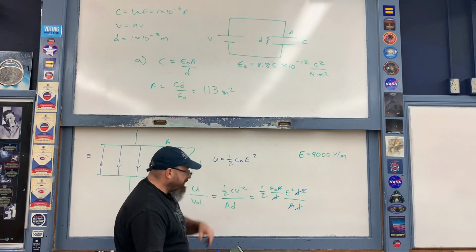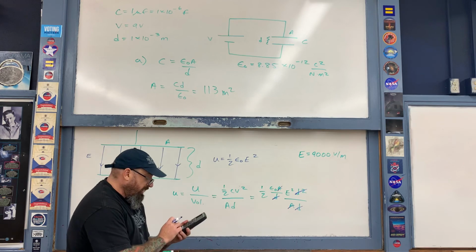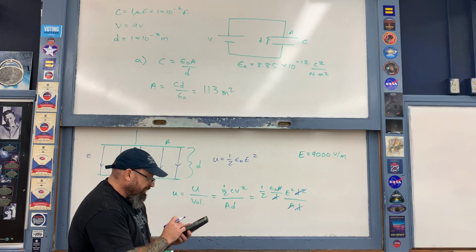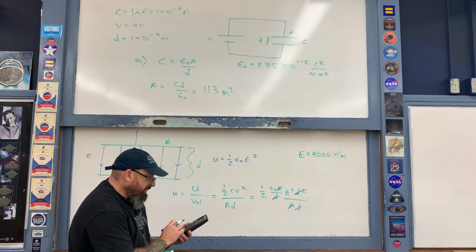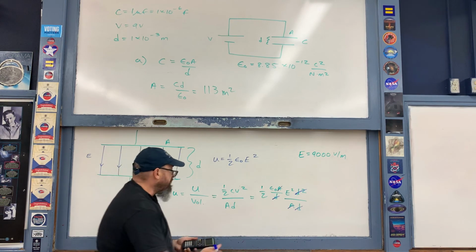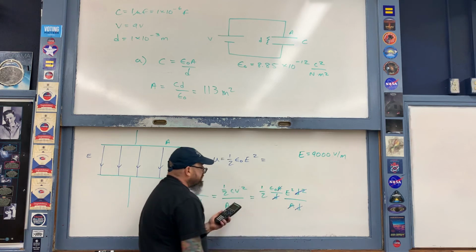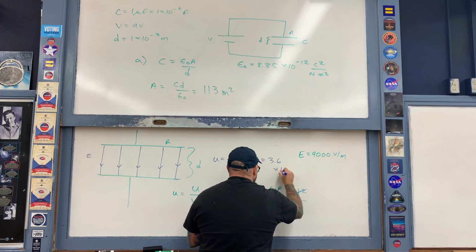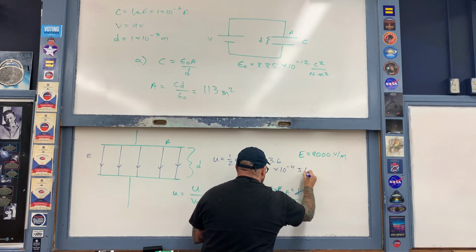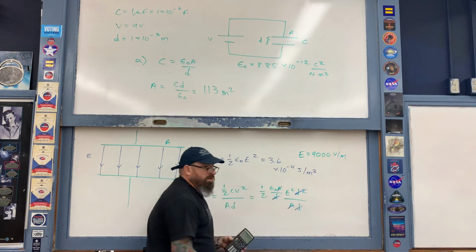So I'm going to multiply that then by epsilon naught, of course. So 1/2 times 9,000, we'll square that, and then multiply by 8.85 times 10 to the minus 12. And when I do the math here, literally the energy density associated with this electric field is about 3.6 times 10 to the minus 4 joules per meter cubed.